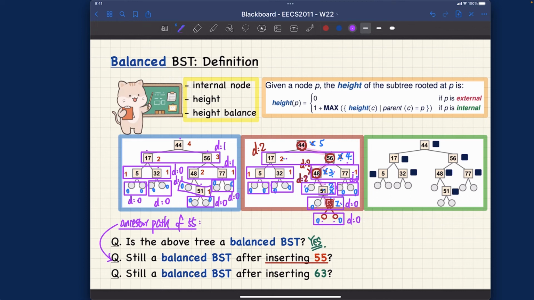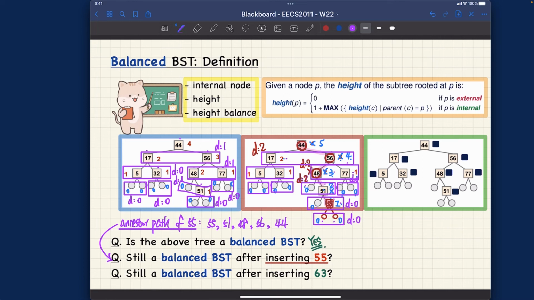So the ancestor path will be 55, 51, 48, 56, and 44, right? That's all the way up to the root. It would be including itself. So it will be 55, followed by 51, followed by 48, followed by 56, and then 44.